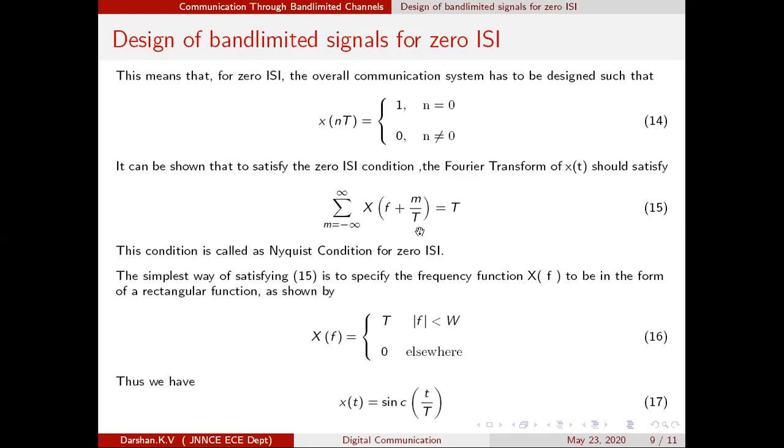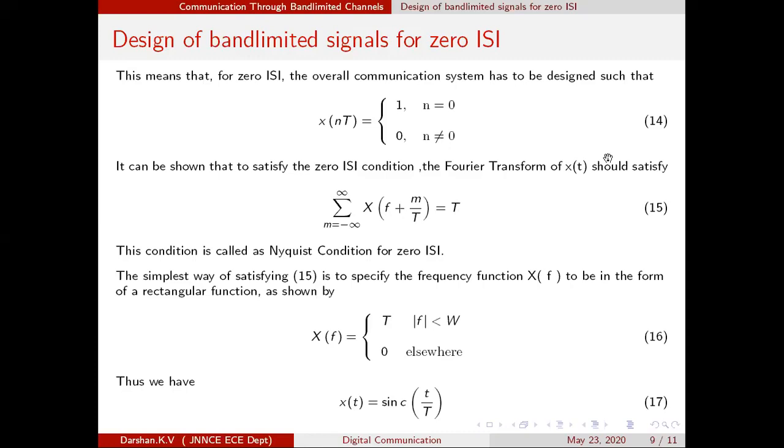This condition says as follows: you have x of t, you take the Fourier transform X of f, and you do this calculation, the summation of X of f plus m by T, and you are supposed to get the value T. This should be the condition on the Fourier transform.